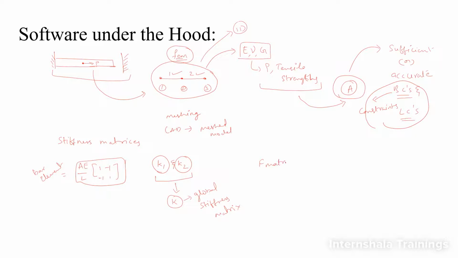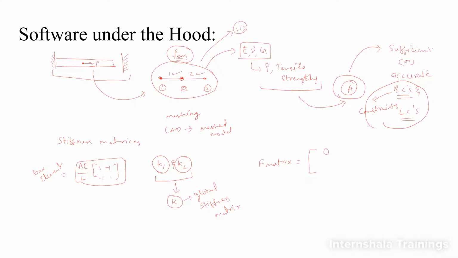The force matrix represents all the types of forces applied on this particular problem. For example, is there any force applied here at node 1? No. So this is nothing but 0.